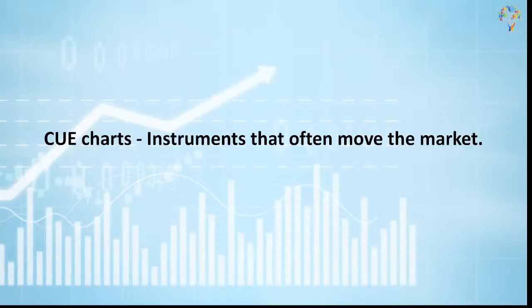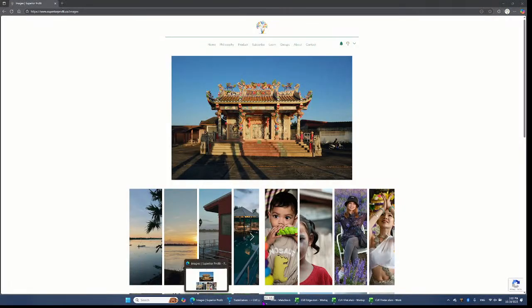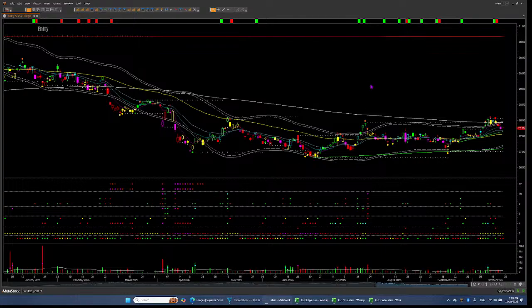Let's start with instruments that often move the market. Dollar Index ETF UUP. As I anticipated, it is continuing to be in an uptrend.